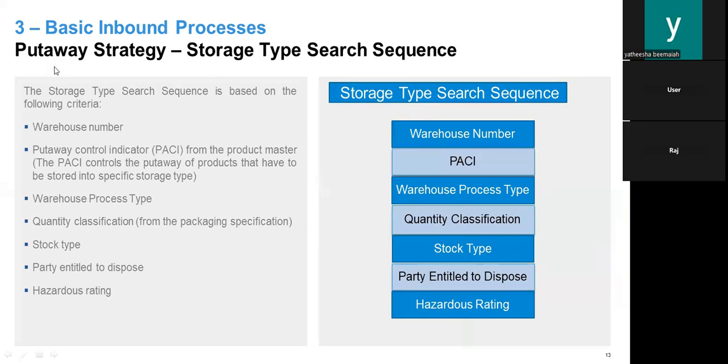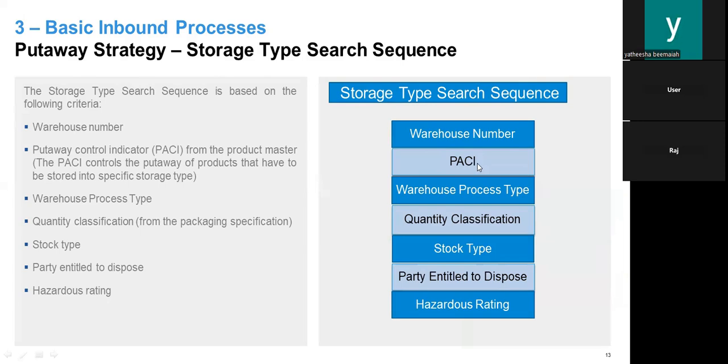So this is again how the storage type sequence is determined. So in case of put-away strategy, first the storage type sequence, how will it be determined. So it will determine based on the warehouse number, and this PASI is nothing but put-away control indicator.